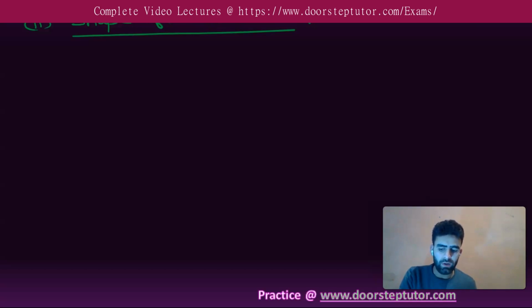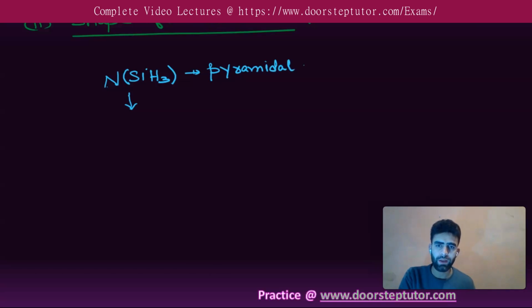Now suppose we have this molecule, we have here nitrogen and we have SiH3. So this is the molecule. Now in general, the shape of this molecule should have been pyramidal, since this nitrogen has sp3 hybridization.